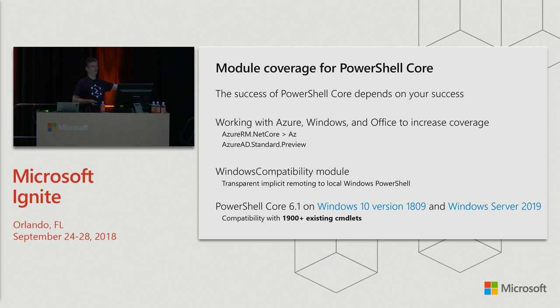When we look at Cloud Shell, we will see a new set of modules for working with Azure resources, a new one for working with Azure Active Directory as well.